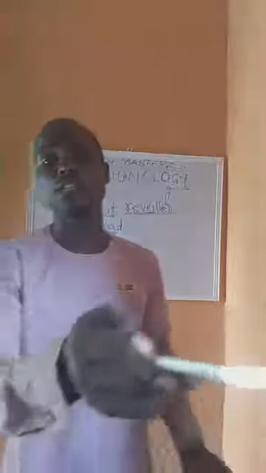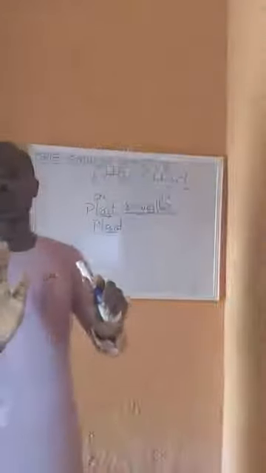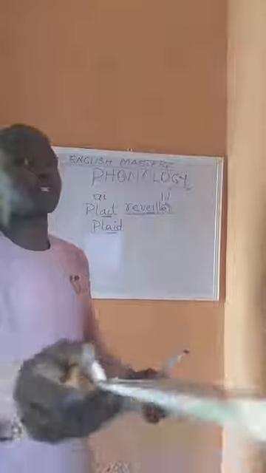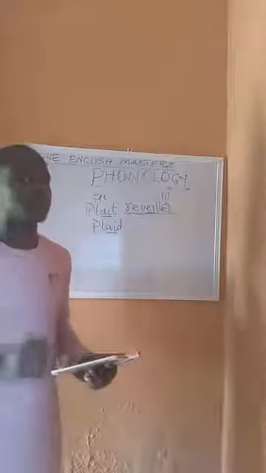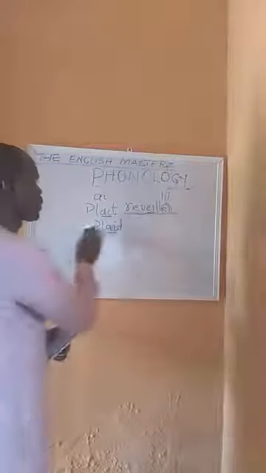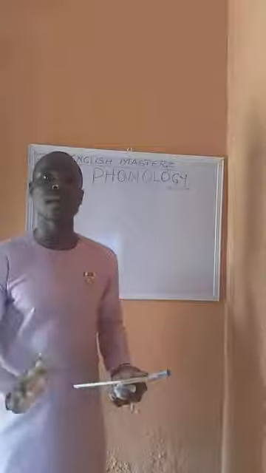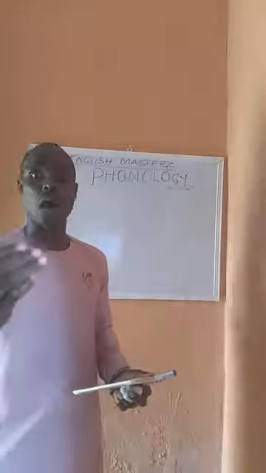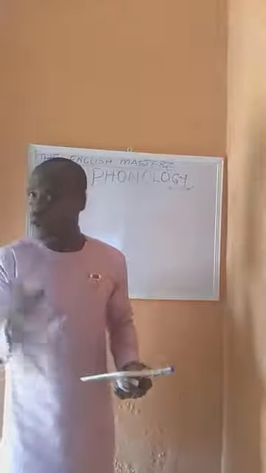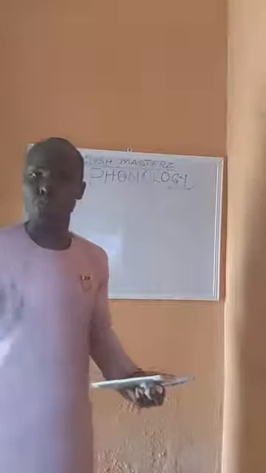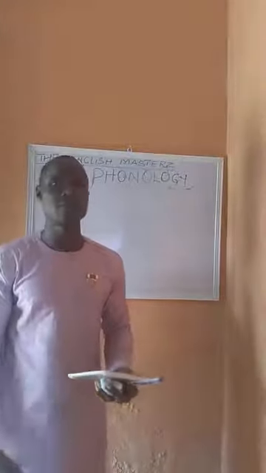There's something of interest that you would want to hold in today's phonology class. There's something that you would want to take note of. And what is that? Remember that we said that when you see the letter A, you may likely think of the short R sound. Although we also said that the letter A also shows realization for other sounds.